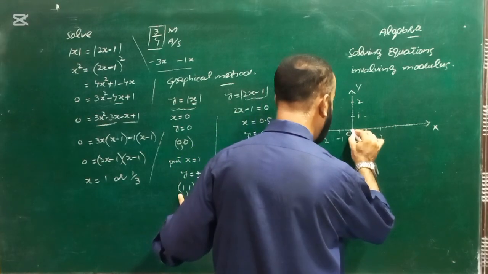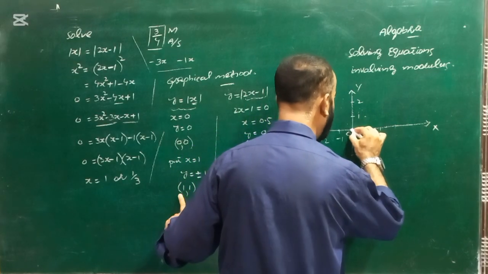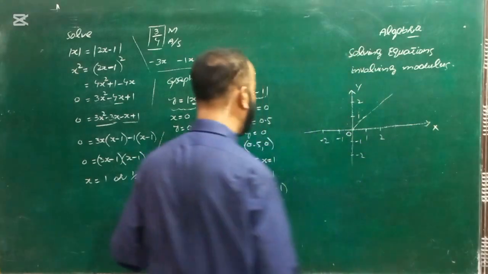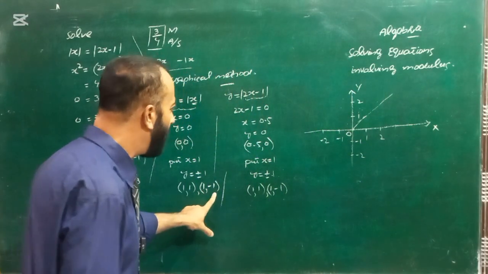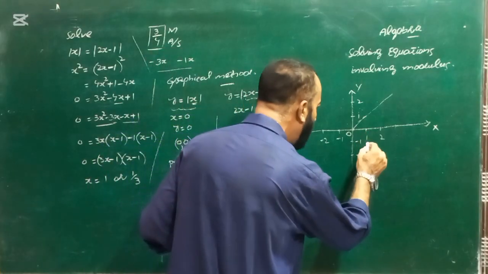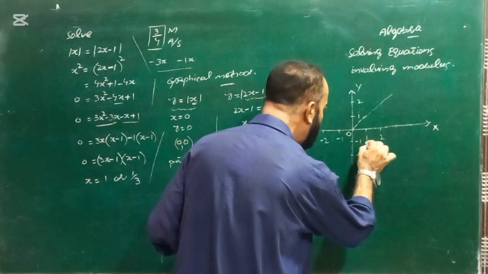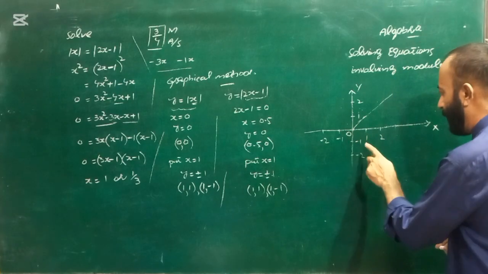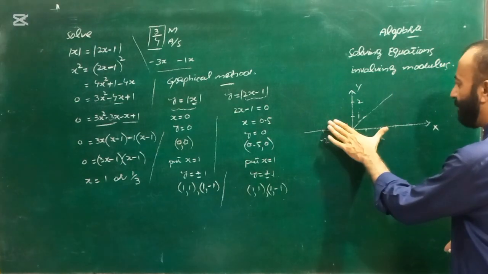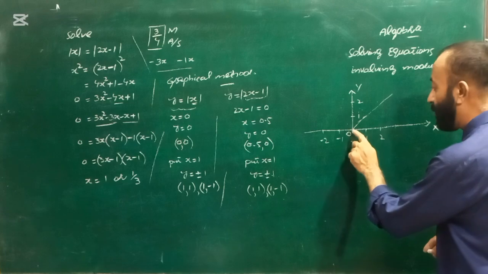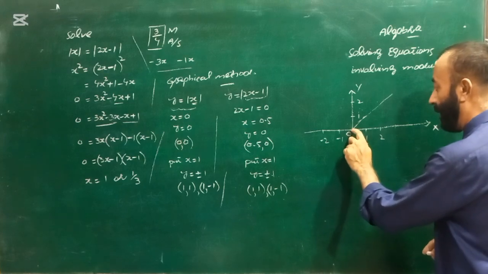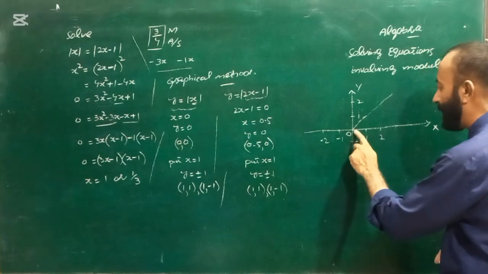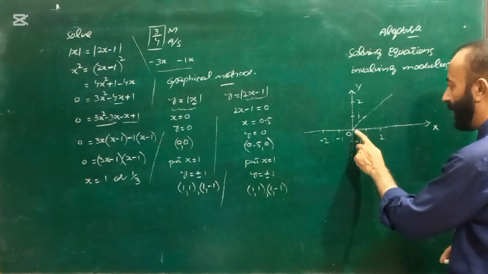So you will join this point 0, 0 with this one with the help of a scale. So this kind of line will be drawn. And second point, 1, minus 1. So look now, 1, minus 1 is here. So here you have to be careful. Now you will join these 2 points 0, 0 and 1, 1 with the help of a scale and draw the line from here above the x-axis, because the line will not be drawn below the vertex point.